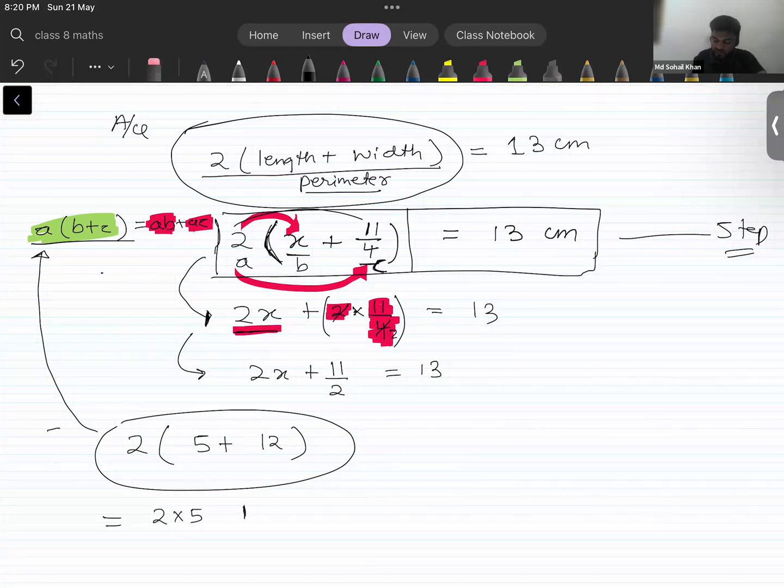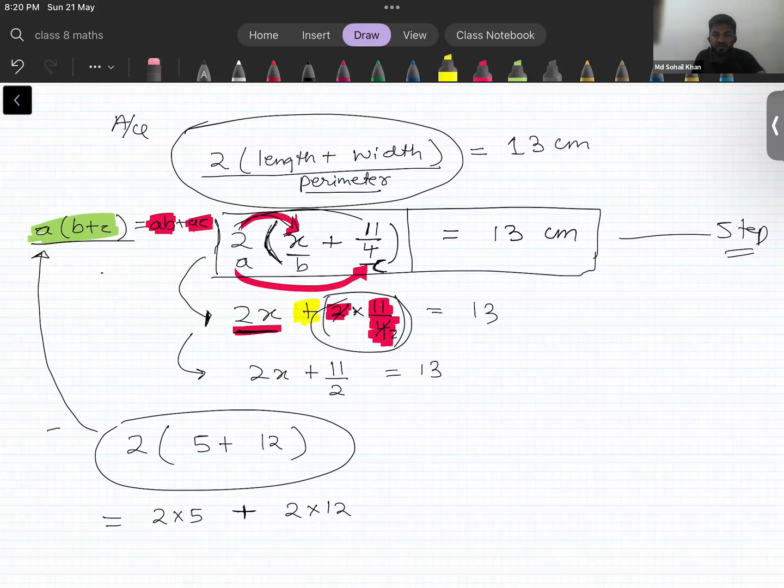There has to be an addition sign between them. 2 into 5, then 2 into 12. Same thing we did here. 2 into x we wrote over here. Then what? 2 into 11 upon 4 we wrote over here. And in between you have got an addition sign.